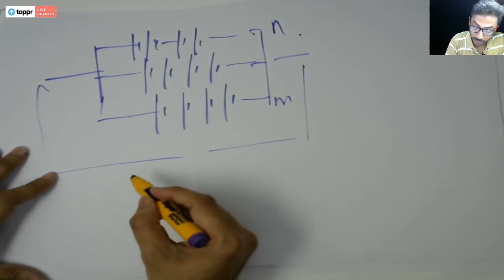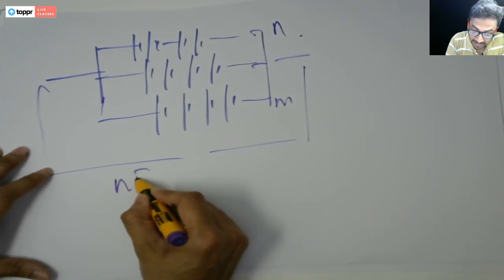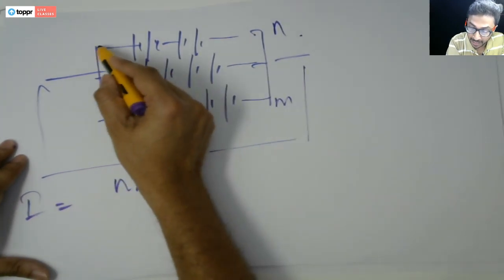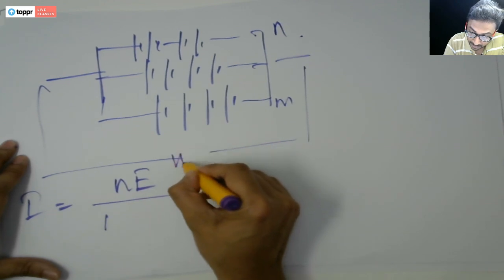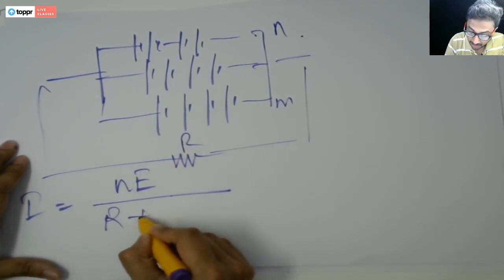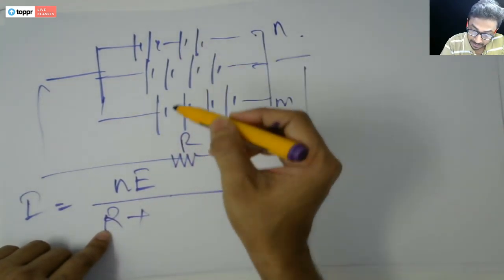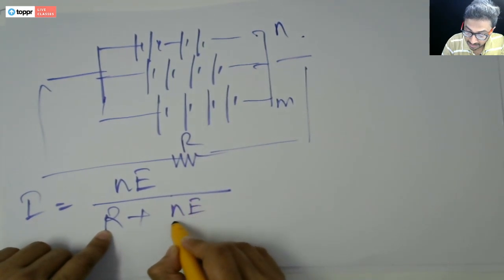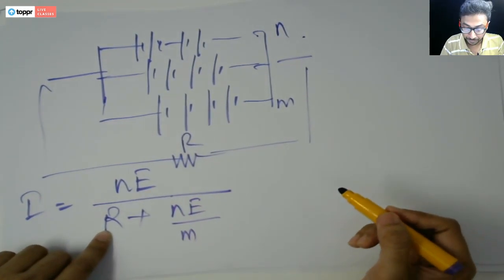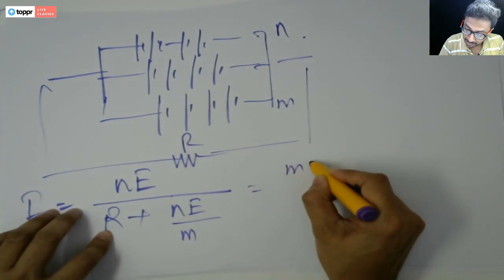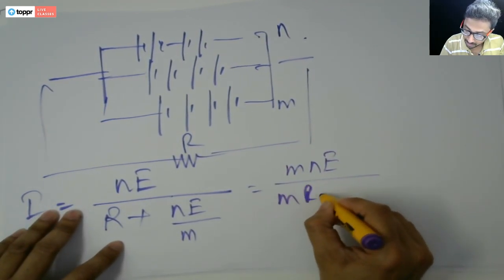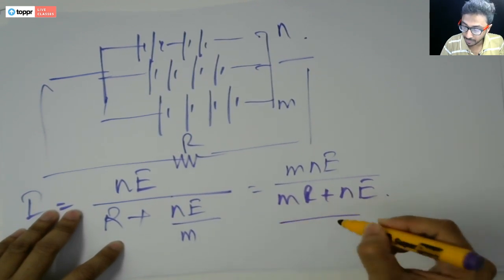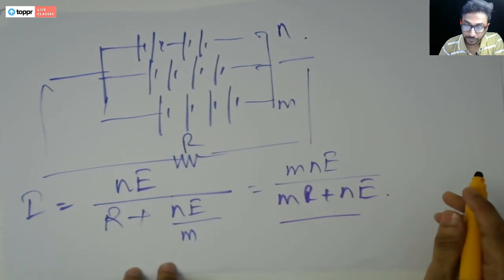Then what will happen? I equals nE divided by R plus nr by m. So it becomes mnE divided by mR plus nr.